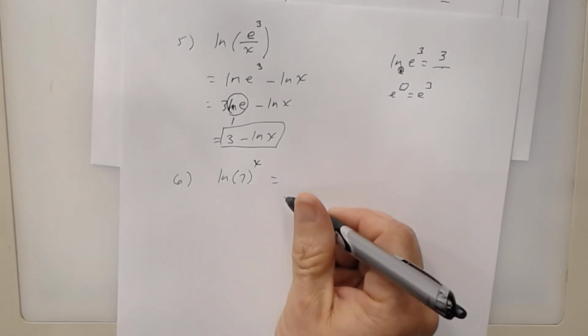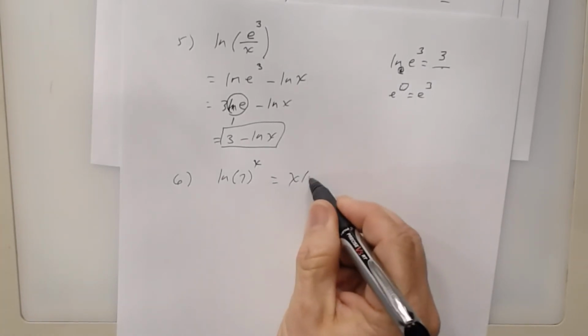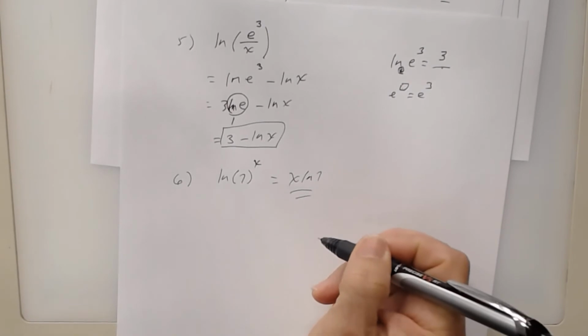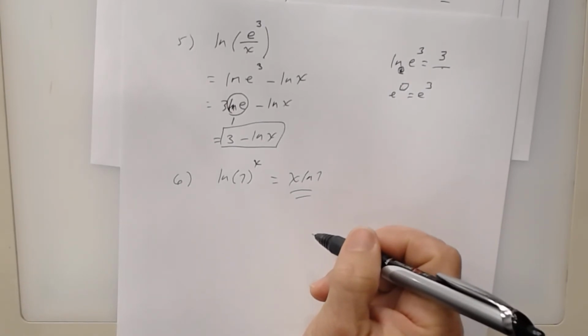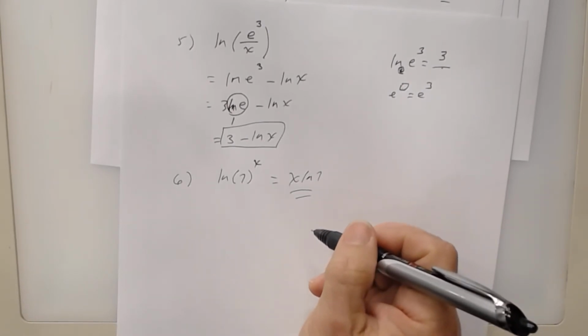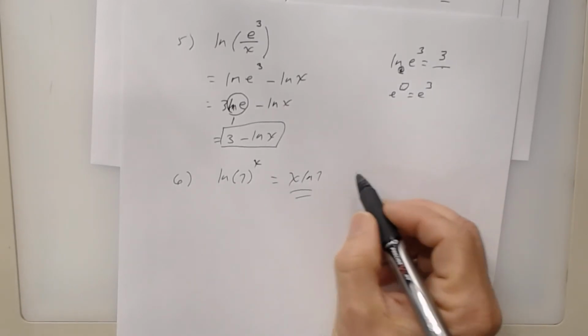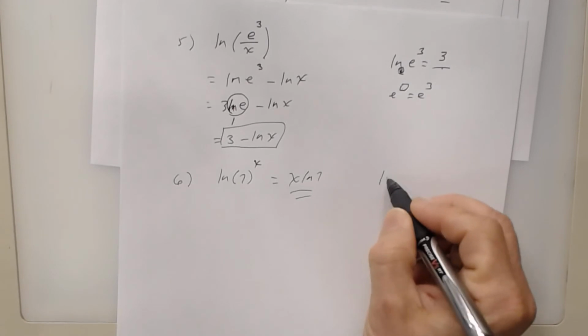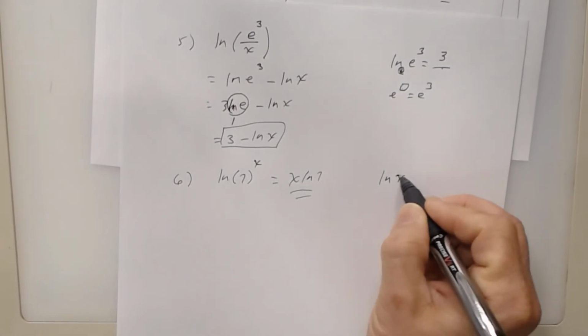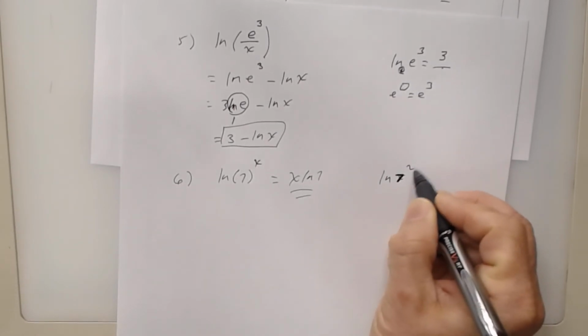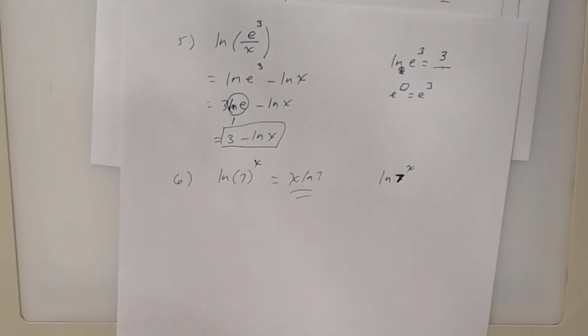What's the answer? x ln 7. Maybe the parentheses threw us. I put the parentheses there just to let you know that this could be the same thing as just saying 7 to the x power. They mean the same thing. So don't let that parentheses throw you off.